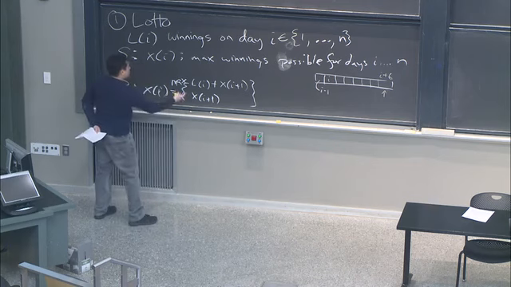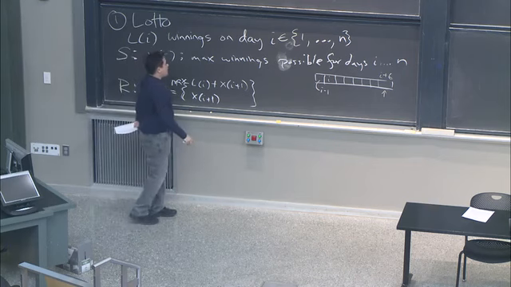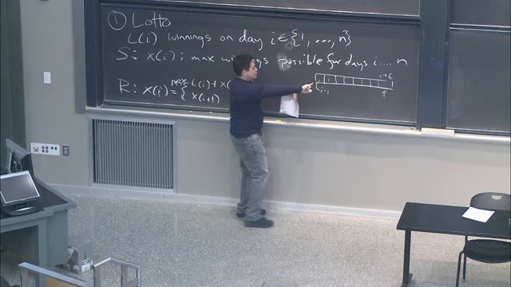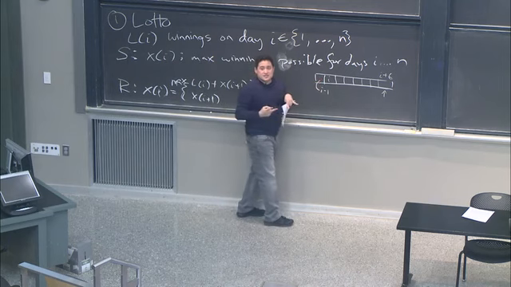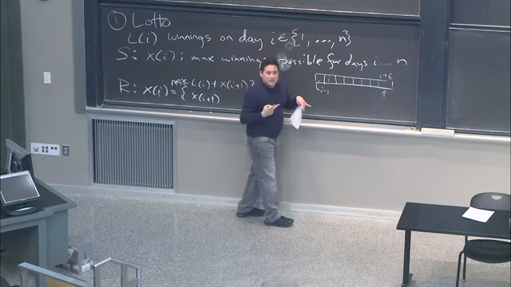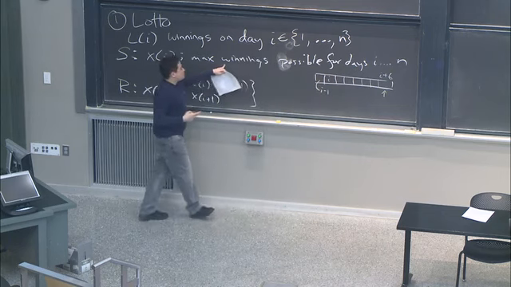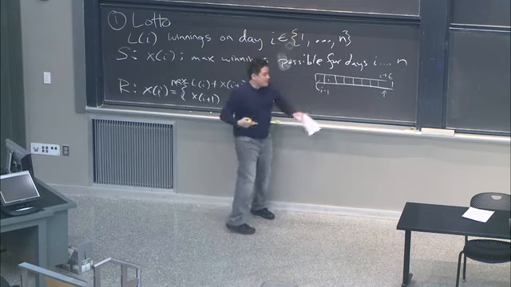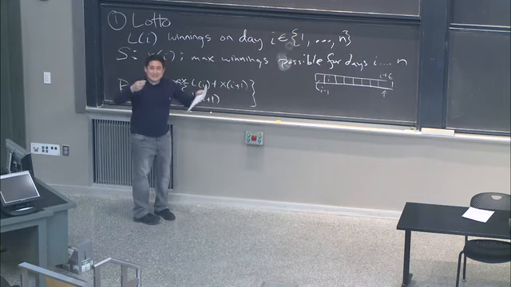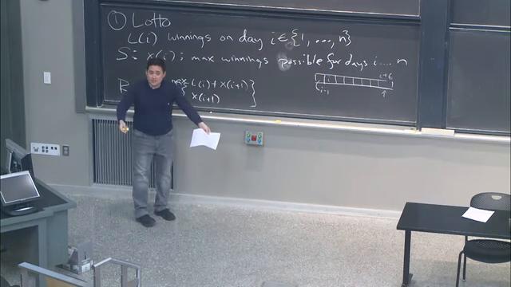So in some sense, I'm going to need to remember 2 days. Where were the last 2 places I played? I'm going to simplify that a little bit by saying that for this subproblem, max winnings possible for days i to n, I have to play on day i.